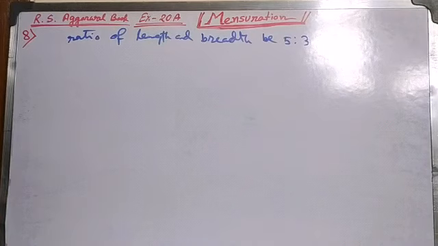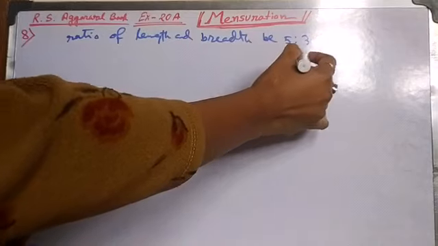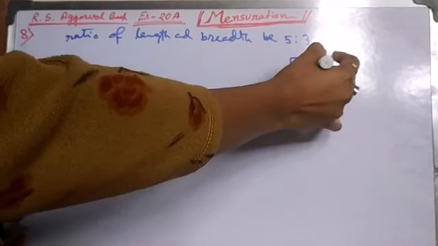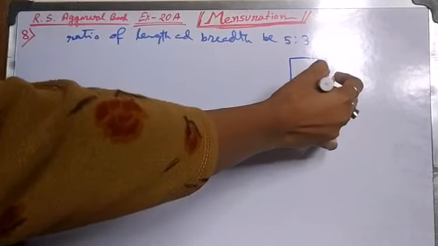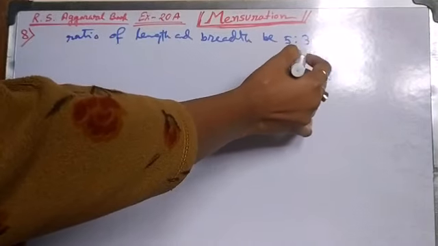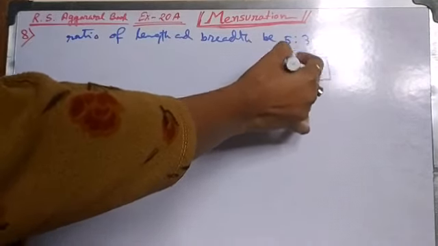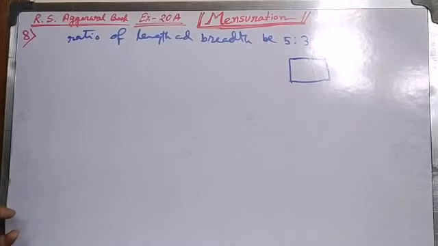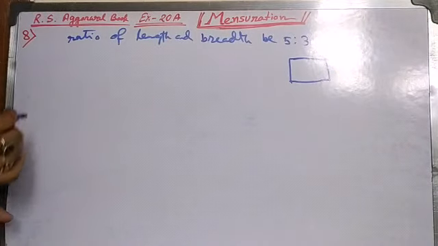If the total cost of fencing it at rupees 24 per meter is rupees 9,600, find its length and breadth. Total cost of fencing. Fencing means to put bamboo sticks on the boundary of the rectangular field. That means it is telling the perimeter. So we have to find the perimeter by using this cost.